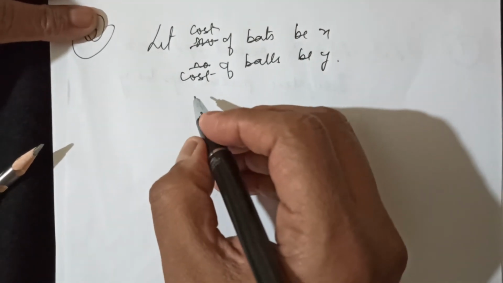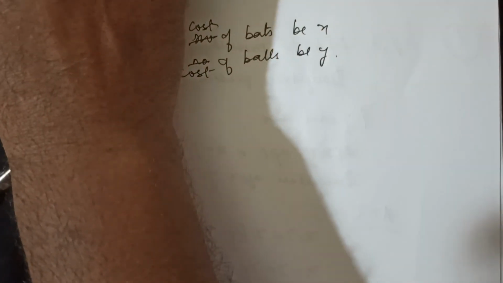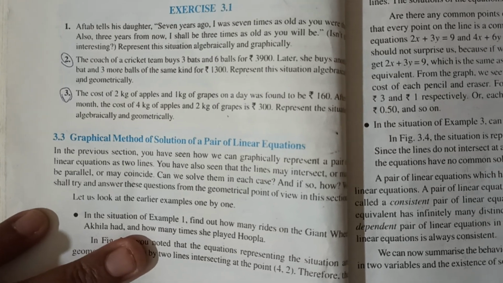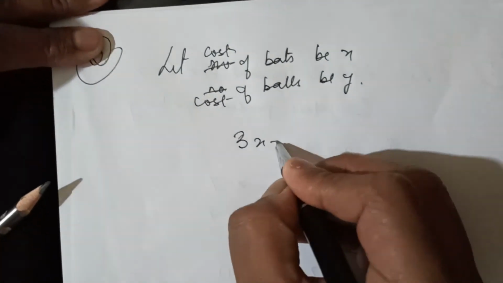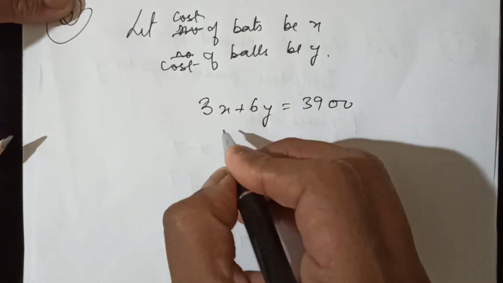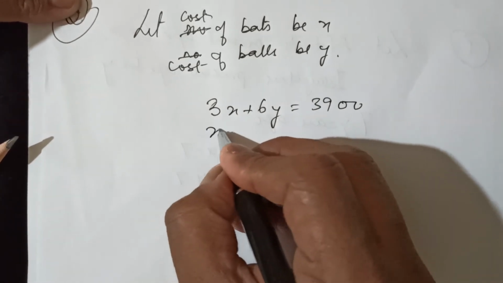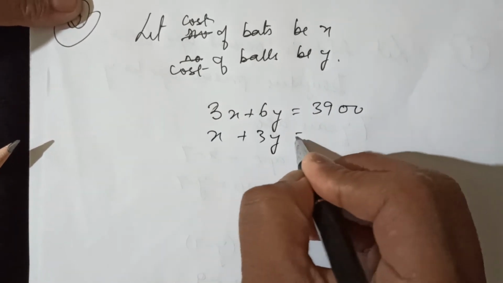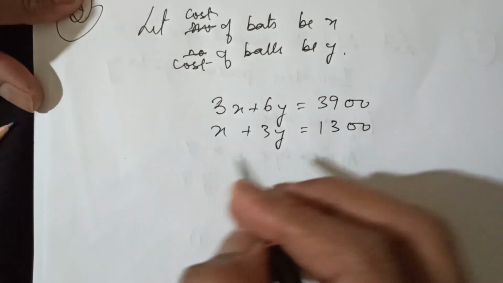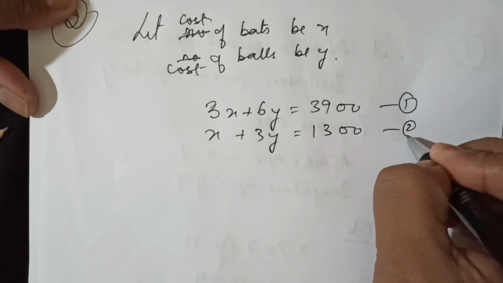So the first thing says, coach of a cricket team buys 3 bats and 6 balls for rupees 3900. That means 3x plus 6y is equal to 3900, and the second equation becomes x plus 3y is equal to 1300. Let us make the table for equation 1 and for equation 2.